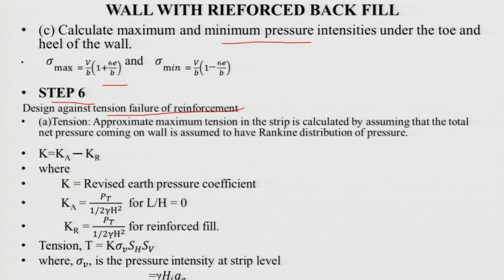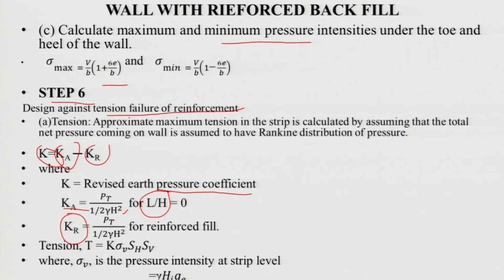So first of all, A, approximate maximum tension of the strip is calculated by assuming that the total net pressure coming on the wall is assumed to be a Rankine distribution of pressure, where K will be equal to KA minus KR, where K is equal to revised earth pressure coefficient KA, PT by half gamma H square, where L by H is equal to 0.